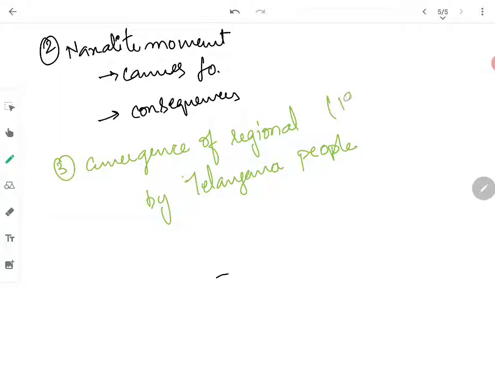Till 1990, there were many parties formed by the people of Andhra, mostly from Rayalaseema and coastal Andhra, and these people were ruling Telangana. But in the 1990s, many regional parties emerged in the Telangana region.